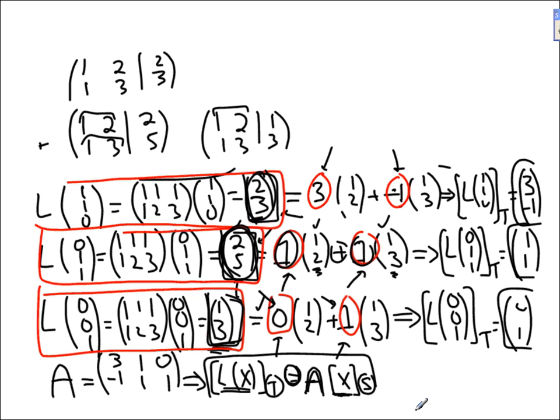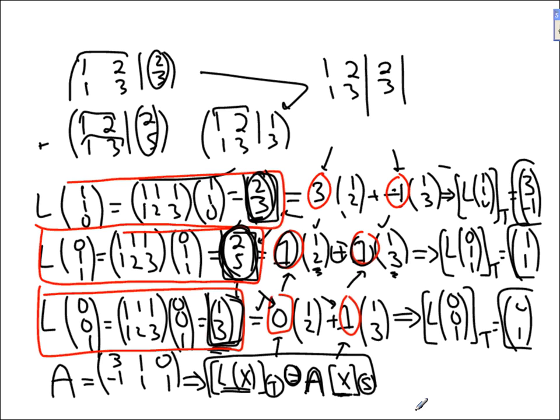Why augment 3 separate matrices? Why not just do 1, 2, 1, 3 and augment it with 2, 3? Augment it again with 2, 5. Augment it again with 1, 3.